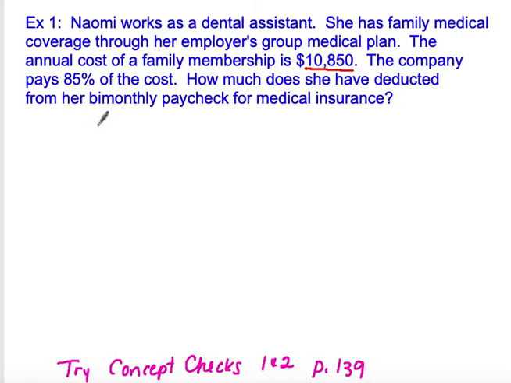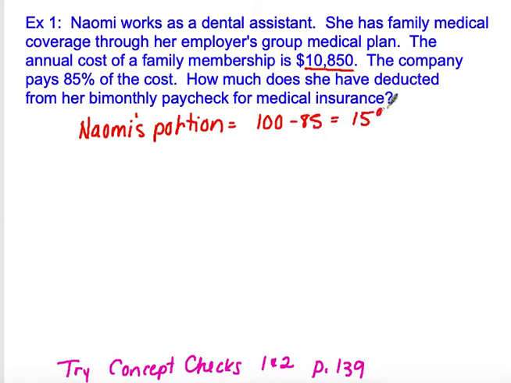We're going to first figure out Naomi's portion. If I take 100 minus 85, Naomi's portion is going to be 15% of the annual deduction. So we're going to take that annual deduction, $10,850, and multiply that by 0.15 to figure out her portion that she's going to pay.